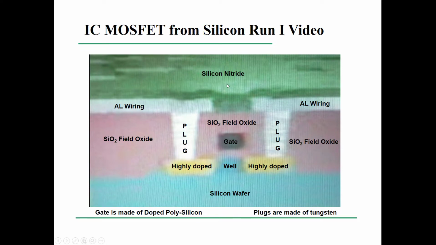And then silicon nitride is an insulator that's put over the top layer, that protects the aluminum and also keeps the silicon dioxide from growing any more than what we want it to be.